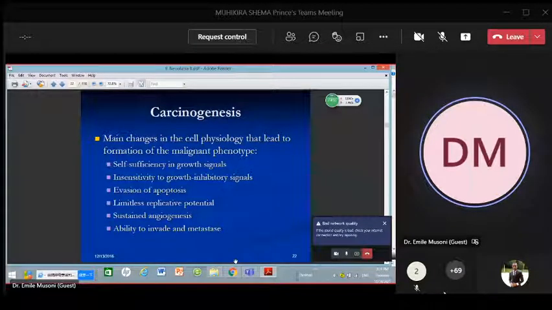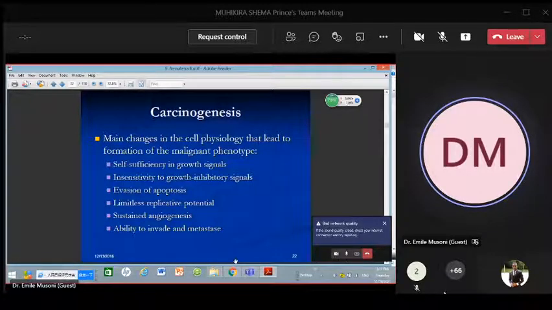So here there are some steps involved in carcinogenesis. They say the main changes in cell physiology that lead to formation of the malignant phenotype. I think you know the difference between genotype and phenotype.